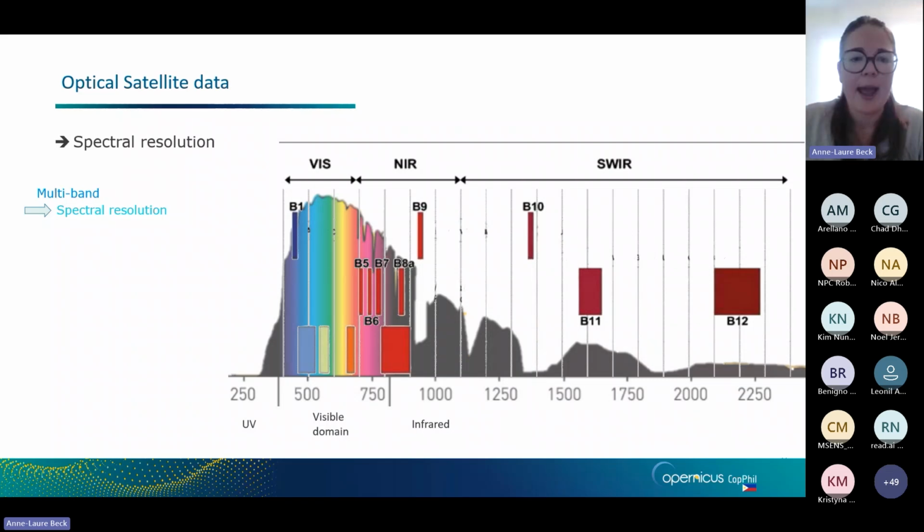And this is called the spectral resolution. Each band, as you can see, is defined by a center wavelength and also a bandwidth. Because it's really important to know, because the only information I have on my Sentinel-2 band picture is the intensity of the reflectance. But I need to know this intensity in which portion of the electromagnetic spectrum.